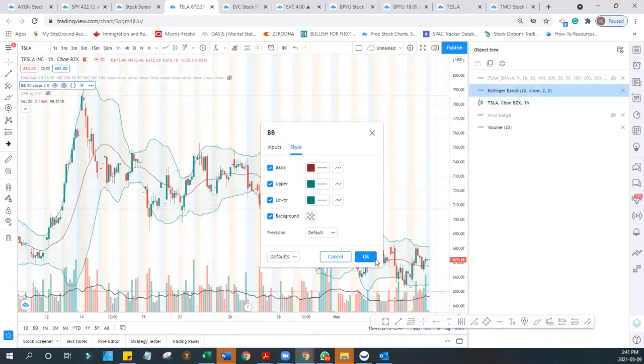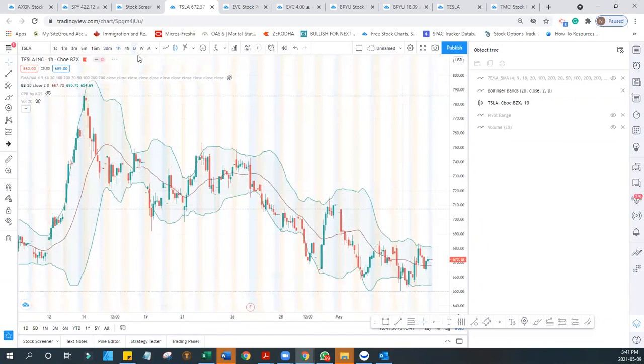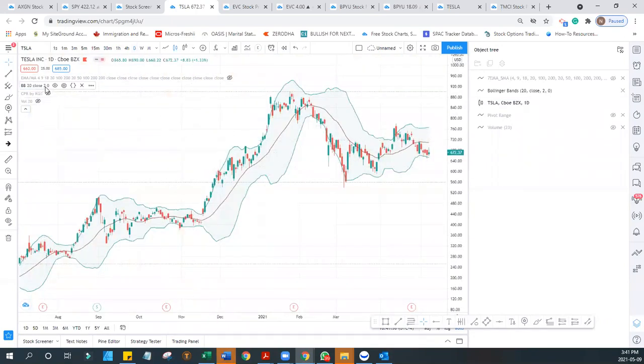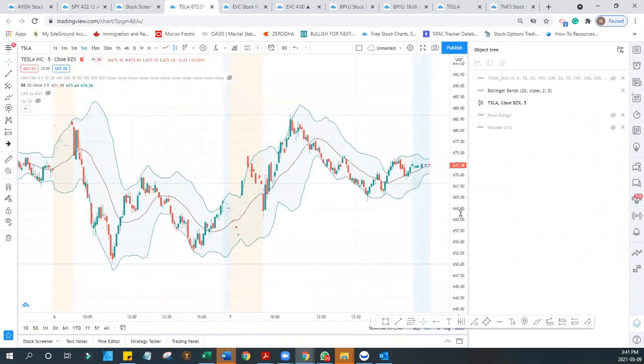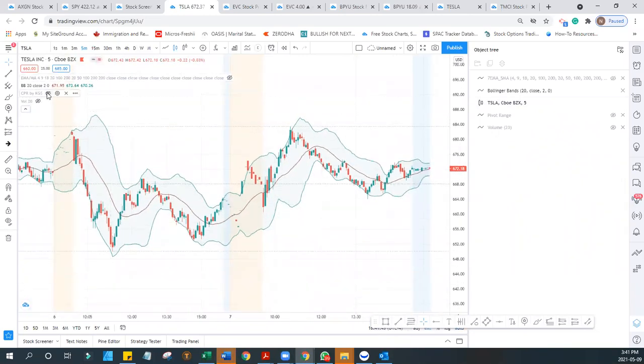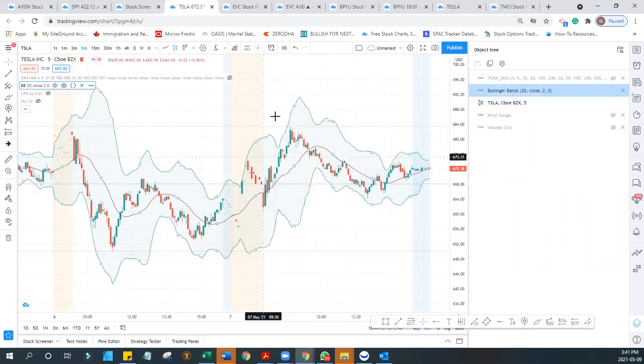For example, I'm going to cut the volume down here. I'm going to put it on the 5-minute chart to make it easier. That's Tesla. If I change the deviation, which is 2 here, and make it 3, the band becomes larger and the price doesn't touch the band. So that gives false positives.